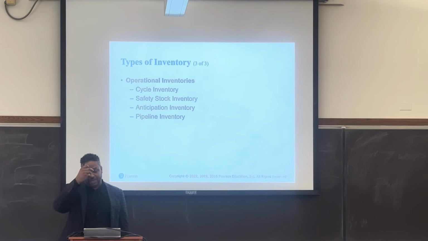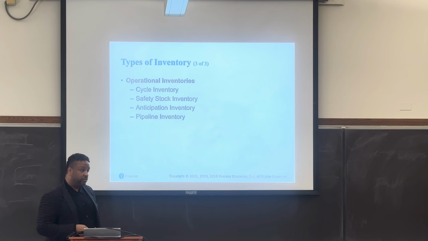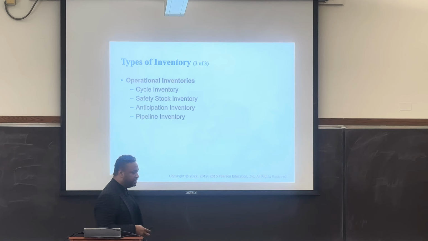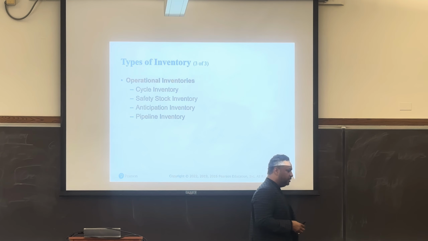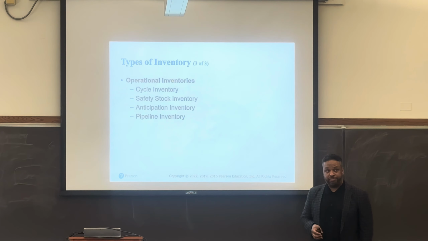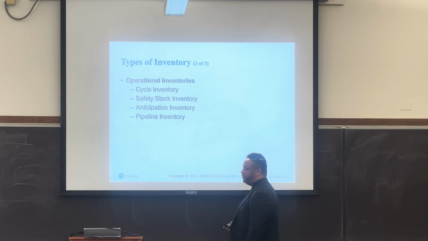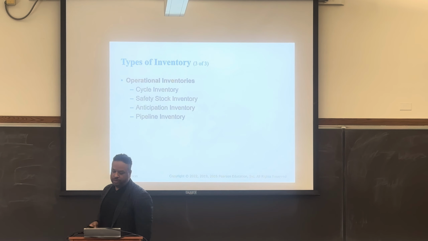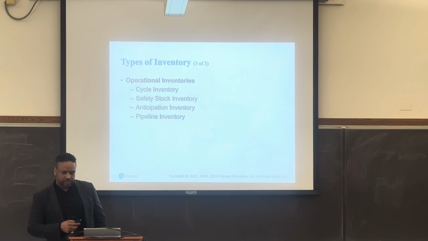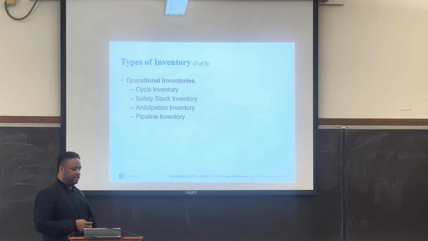All right, so we got different types of inventory, right? We got cycle inventory, one in which we're very predictable. We're selling the same stuff all the time. We have a good idea of how much is sold in some sort of period of time, right? We can sort of predict the likelihood of what we'll need to order and what duration we need to order it in.